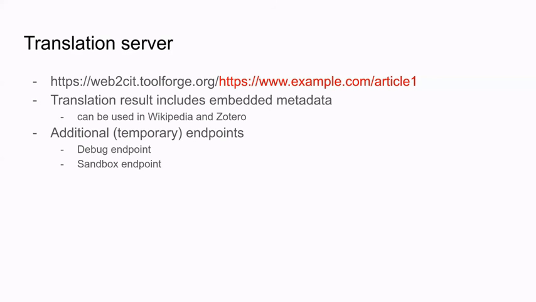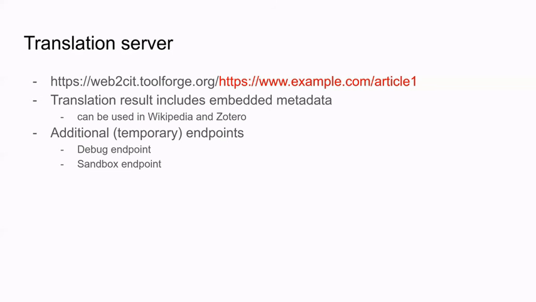So the idea is that we will implement a specific translation server in a way that, instead of using the official configuration file for a domain, it may use a configuration file that you tell it to use. So for example, instead of working on the official configuration file, the one that is shared among all users, you will be able to write this in your subpage in Meta, for example, and tell the server to use that instead.